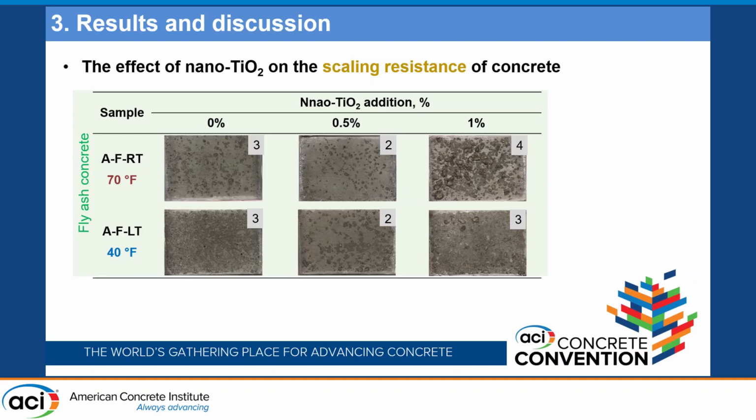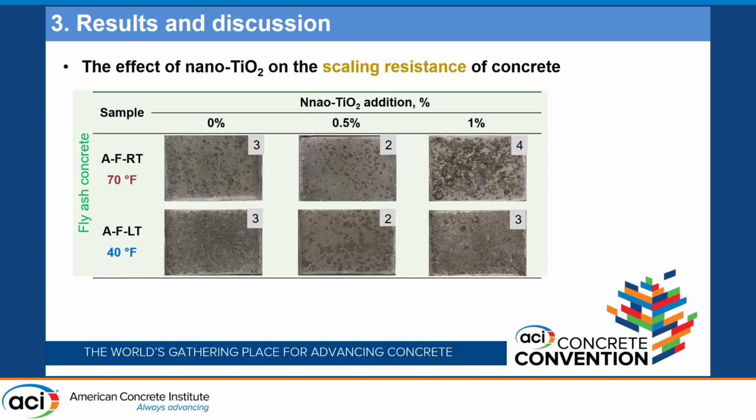addition of titanium dioxide for fly ash concrete, you can see that we have a little bit more scaling at 0% addition. That's what I was telling you earlier, that the use of the fly ash typically results in a little bit higher scaling. And 0.5% didn't make it worse, for sure. Adding like 1% of titanium dioxide for room temperature cure looks like it makes it worse.